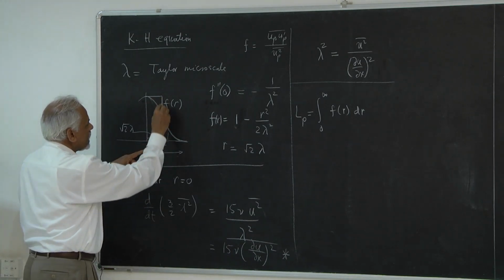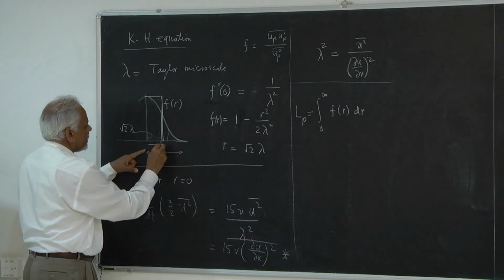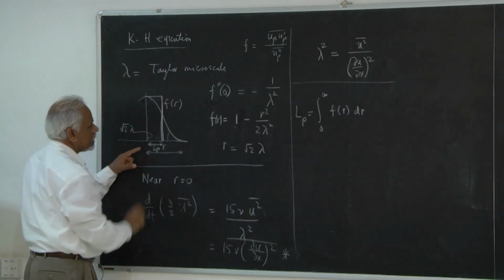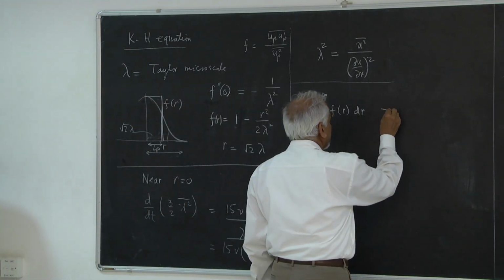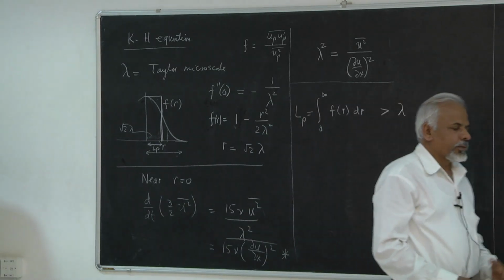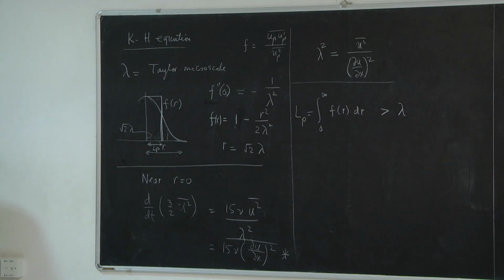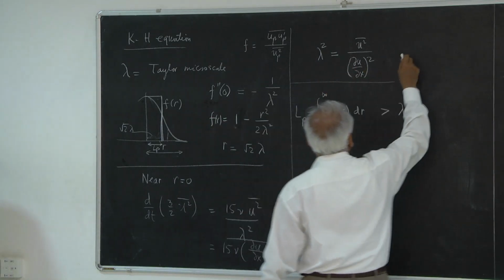So this area is the same as this area, then you have this L_P here. L_P is typically larger than lambda, except when the Reynolds number is very small, then it's almost the same, more or less. You can also define another length scale from g.